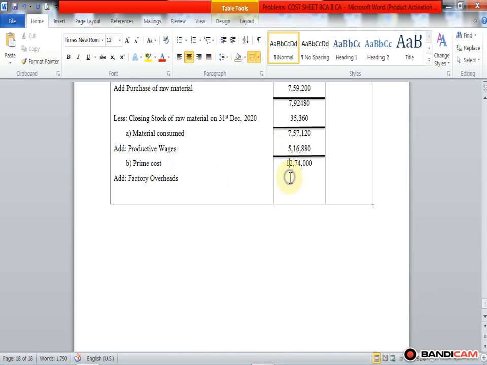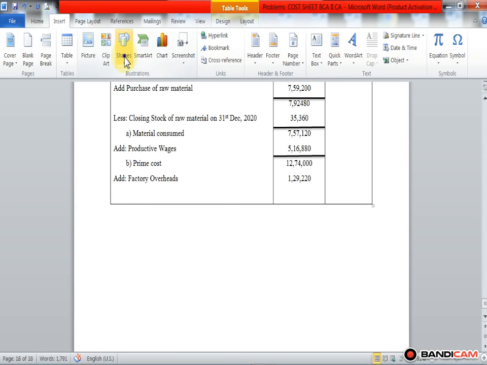So we write it here. Then we get the amount called factory cost or work cost.